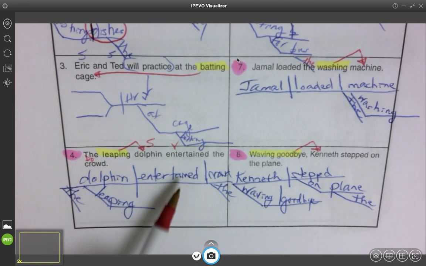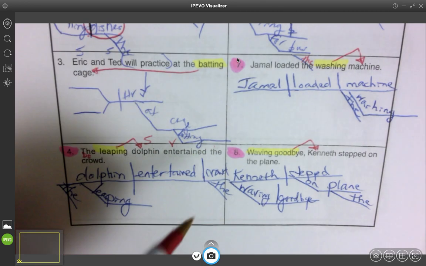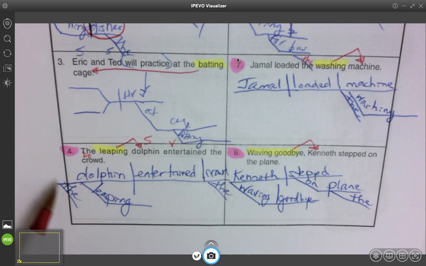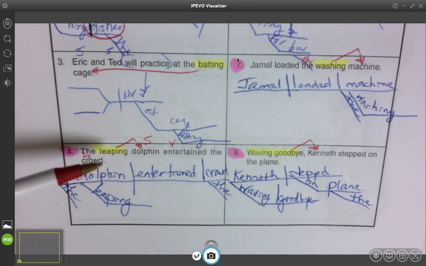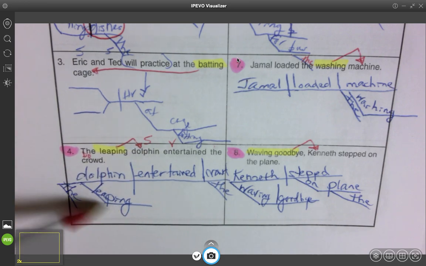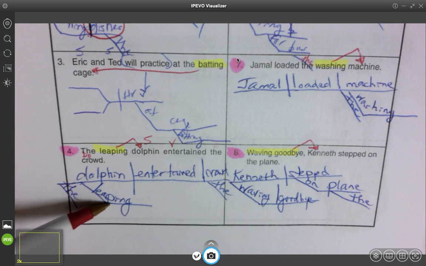Subject, verb, direct object, and then we have adjective the, another the, and then what kind of dolphin? It's a leaping dolphin, and this shows that this is a participle. Again, the L-shaped line and writing it in an arc on top of that line.